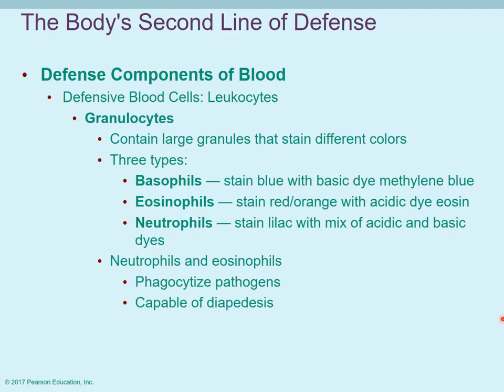If there are grains where it looks like someone's dumped sand in there, then that's going to tell you it's a granulocyte. The basophils are going to stain blue. Eosinophils are going to stain red or kind of an orange. Neutrophils are more of a purplish type of color to the granules. Neutrophils and the eosinophils both are involved with carrying out phagocytosis.